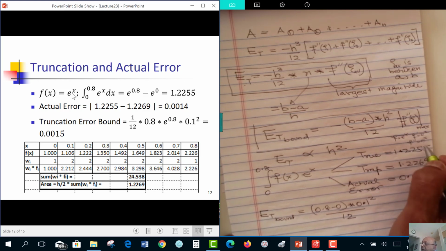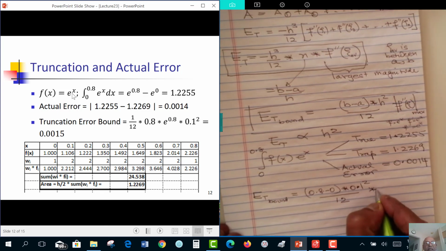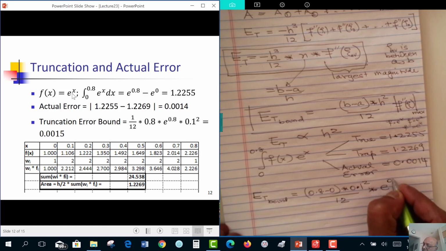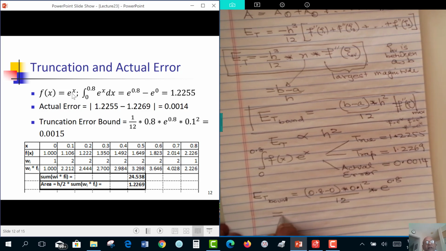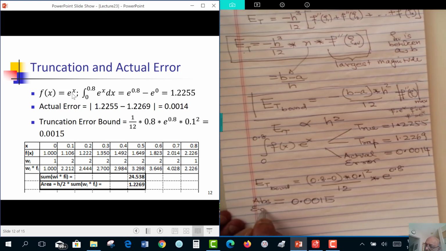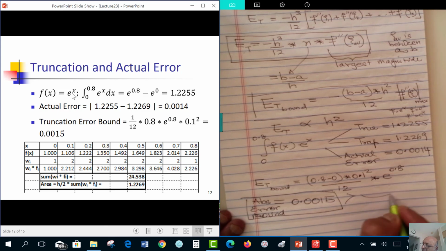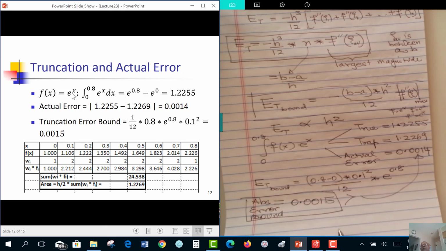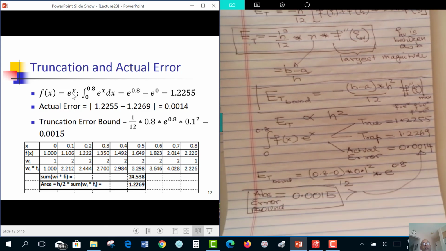So the derivative maximum would be wherever x is maximum, that is e to the 0.8. So we will get 0.0015. So this is our absolute error bound. And it makes sense because this is greater than our actual error. So we are bounding the actual error. Okay.